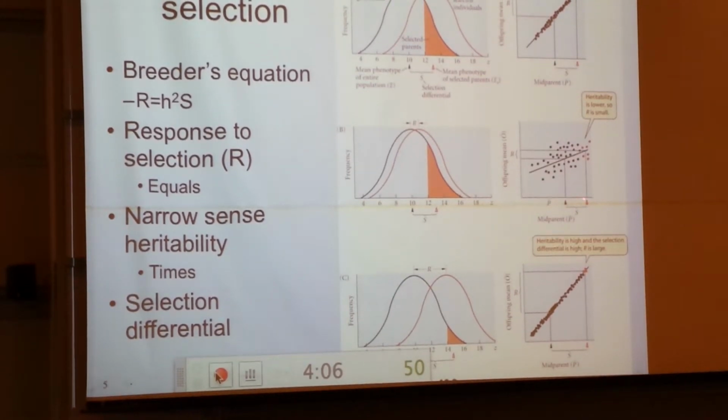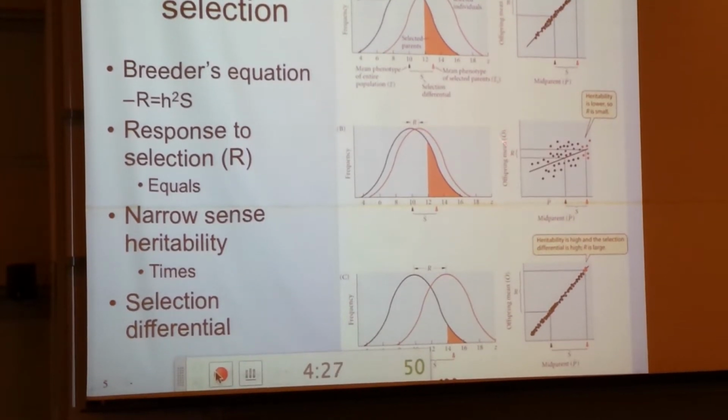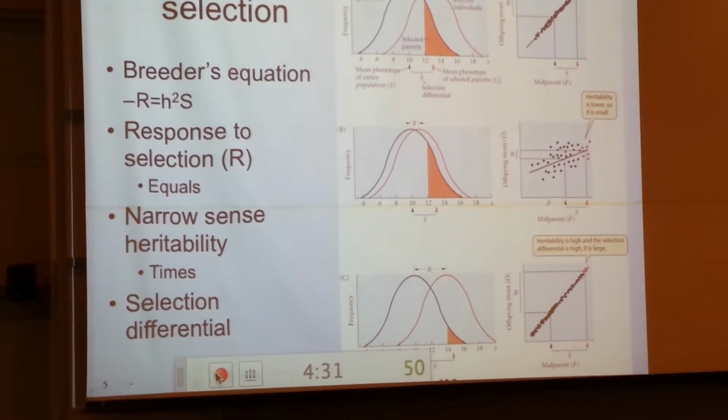Now, if you breed only the ones with the very highest phenotypes, then their offspring are going to respond. They're going to have a higher value up here. So the figure is really showing you the mechanics of the equation, because this response is literally this distance multiplied by the slope. Imagine the slope were flat.